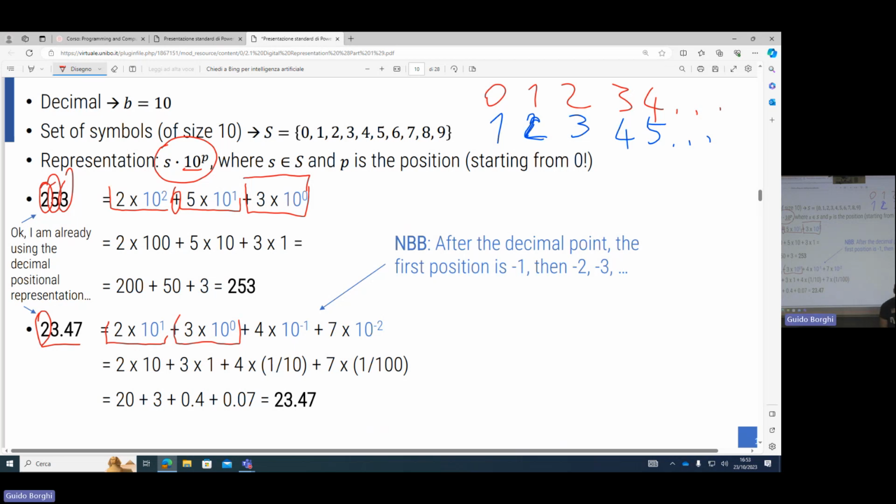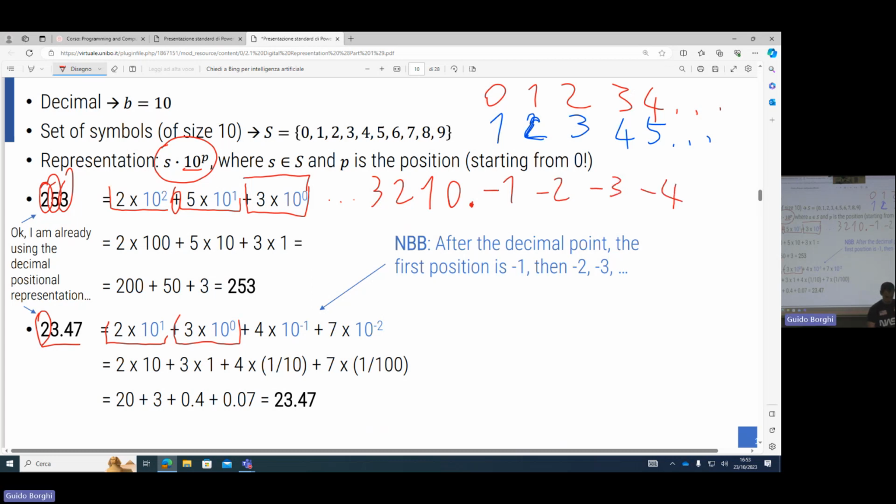Now we have the digits after the point. In the positions after the decimal point, remember that the first position is -1. Then we have -2, -3, -4. So we have 0, 1, 2, 3, then the decimal point, then -1, -2, -3, -4.